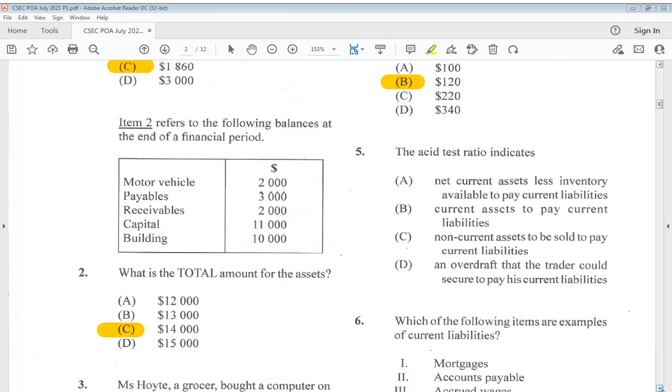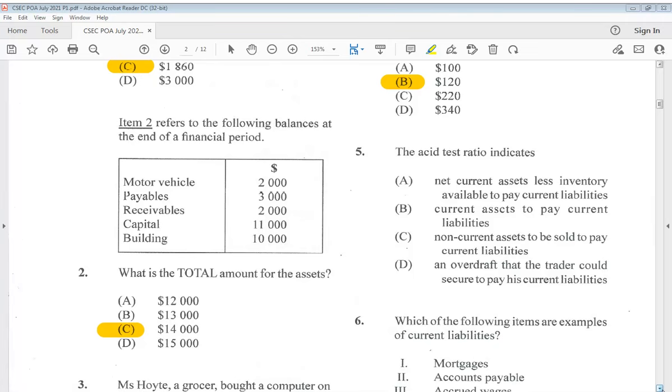It says the acid test ratio indicates. What does the acid test ratio indicate? Well, we know the acid test ratio is a financial ratio that measures the ability of the firm's liquid current assets to pay short-term debts.